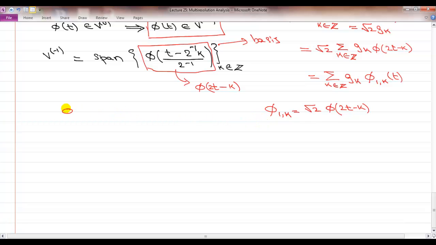We used to define phi of j comma k as simply 2 to the j over 2 times phi of (t minus 2 to the j k) over 2 to the j. I just want to write the two-scale relationship in the same way as earlier. So just by the fact that I say I have a multi-resolution analysis of L2R, I get this two-scale relationship for free.